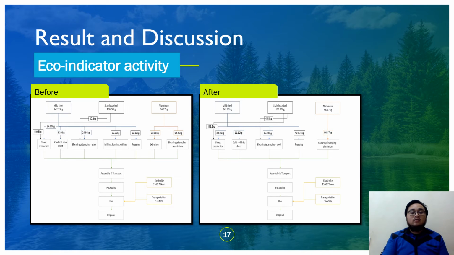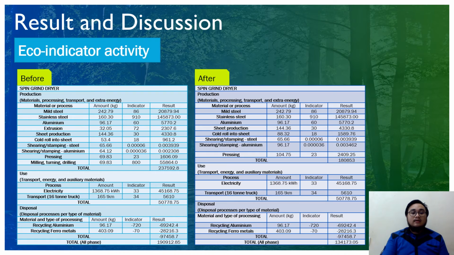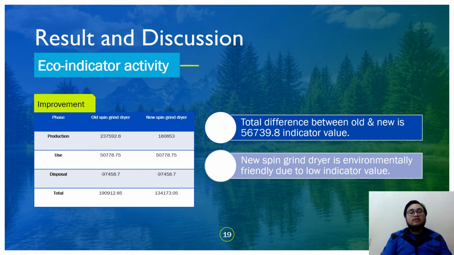Next is the eco-indicator activity. This is the process tree for before and after evaluation. This is the eco-indicator activity table. So this is the value for before and after. Okay, this is the result for the eco-indicator activity.